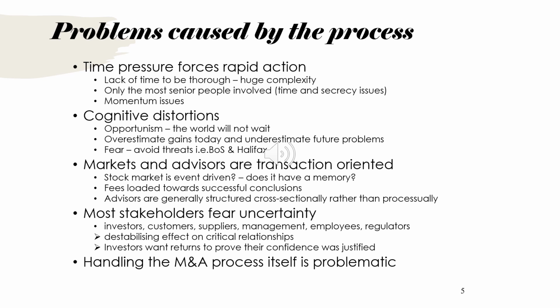And as I mentioned before, the problem of fear. We feel perhaps if we don't do the deal, someone might acquire us. And there are many examples. In the UK, the Bank of Scotland wanted to take over the Halifax because they felt that they might be acquired themselves.